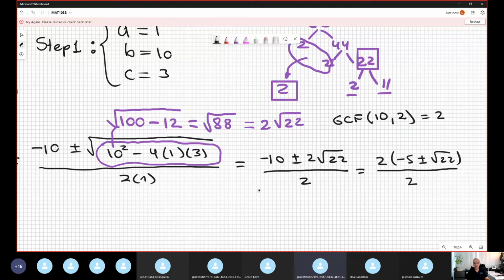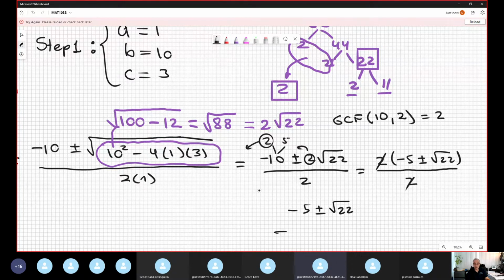So basically, 10 in my mind is 2 and 5. And these two go out, and these two go out. These two and these two cancel. And the final answer is minus 5 plus or minus. Actually, it's two solutions, no?